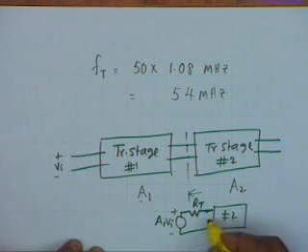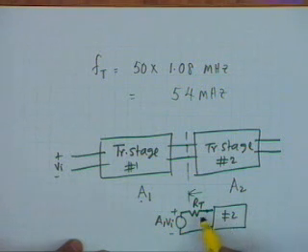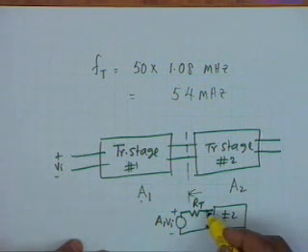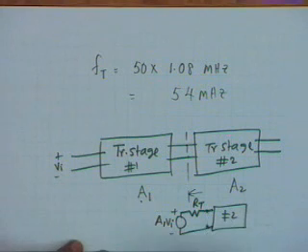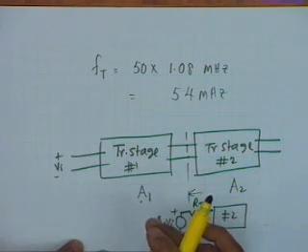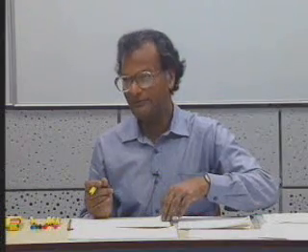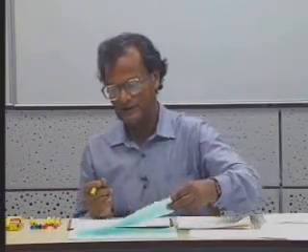Therefore what is applied here is not A1 VI, but it is reduced. There will be a potential division between RT and perhaps R pi if it is a common emitter transistor, and therefore in calculating the gain of cascaded stages one has to be particularly careful, and we shall take a fairly elaborate example to illustrate this.